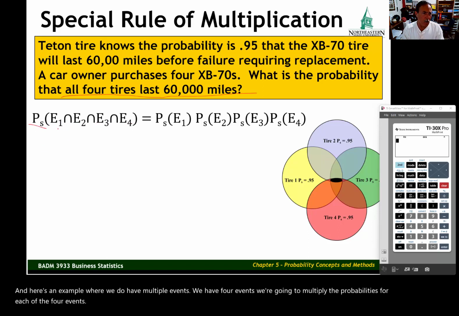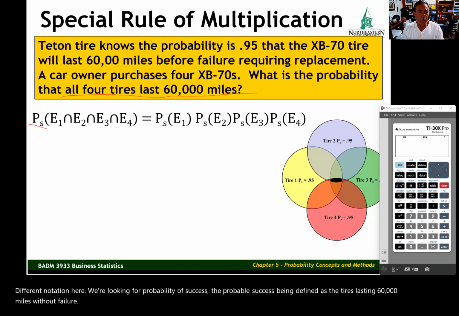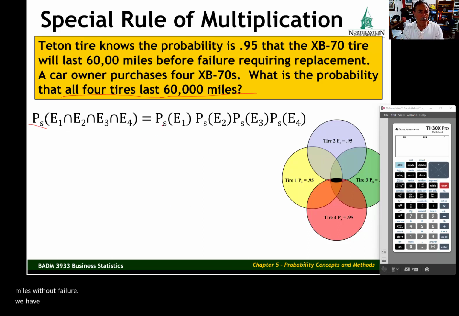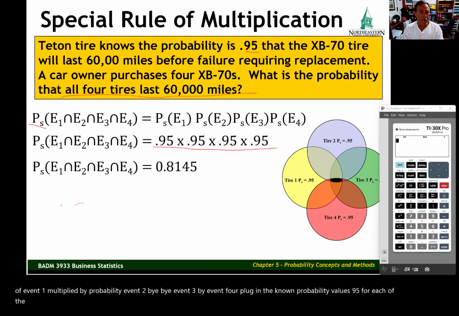Different notation. Here we're looking for probability of success, the success being defined as the tires lasting 60,000 miles without failure. We have probability of event 1 multiplied by probability of event 2, by event 3, by event 4. Plug in the known probability values, 0.95 for each of the tires, for each of the events.